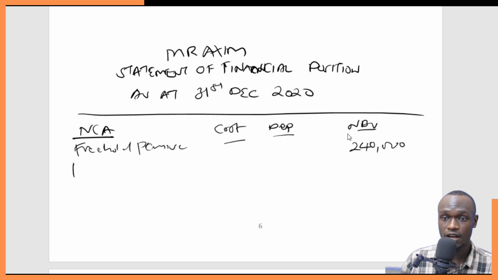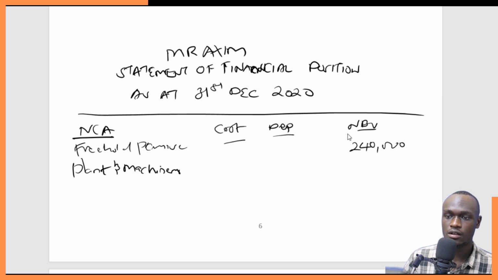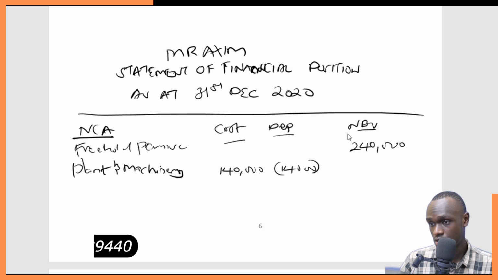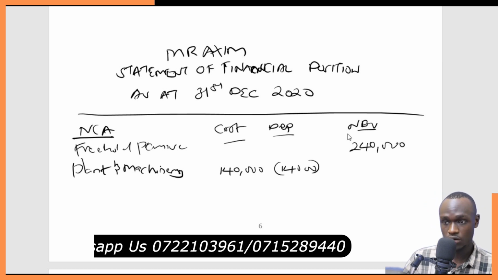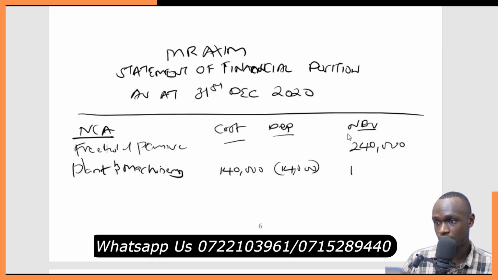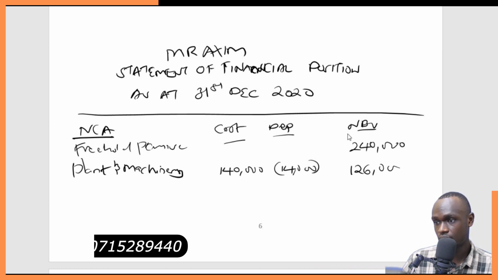Plant and machinery, cost is 140,000. Depreciation is 14,000. Net book value will be 140,000 minus 14,000. We'll get 126,000.